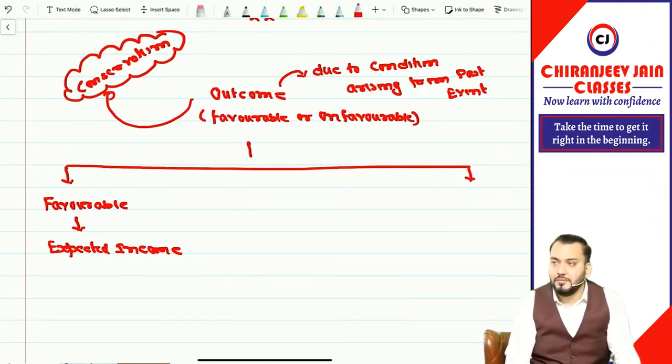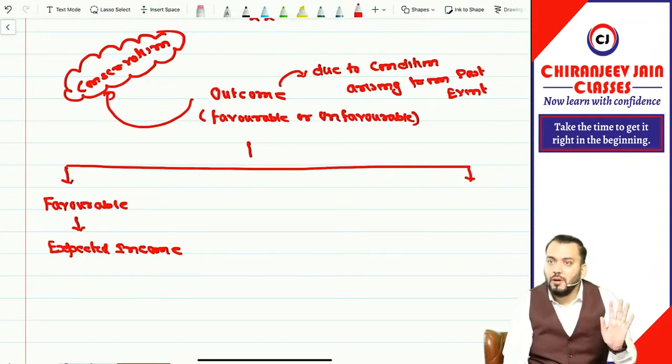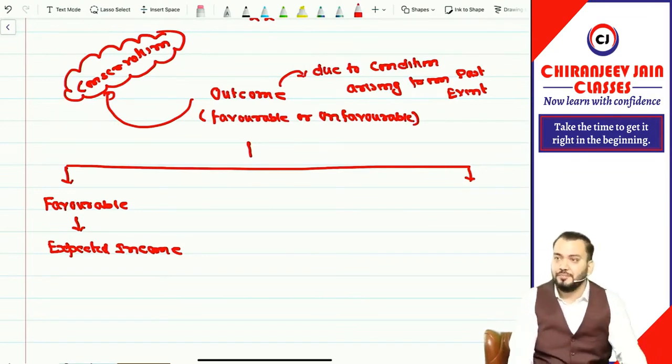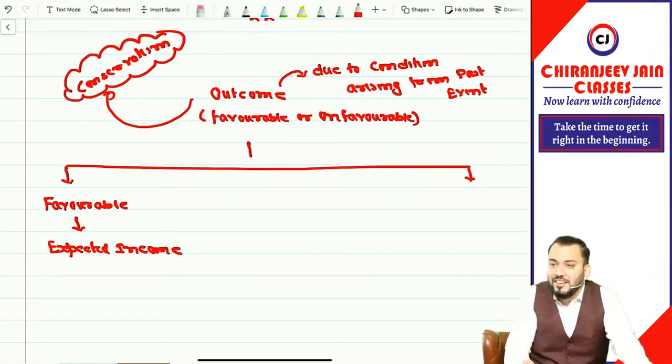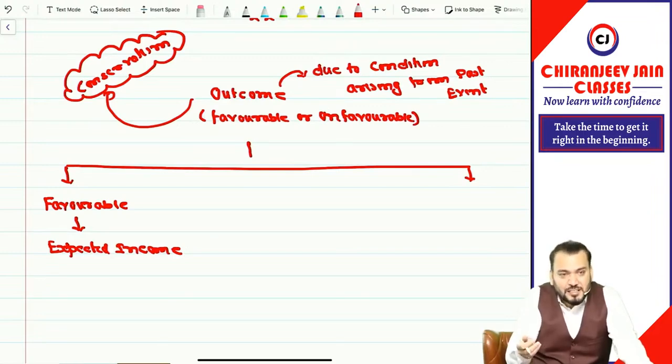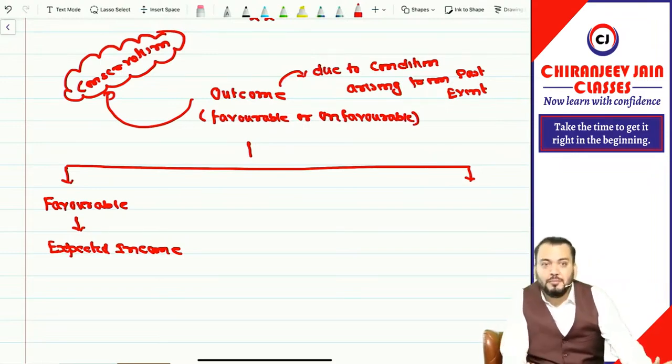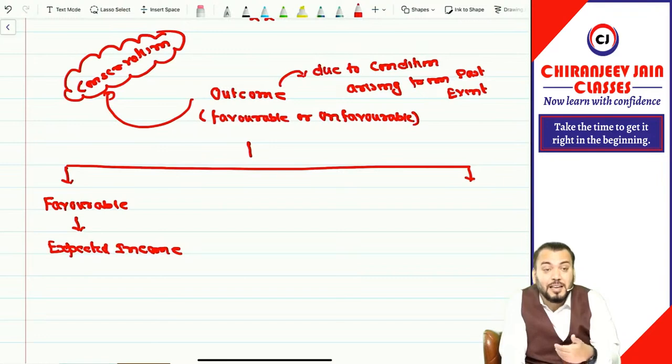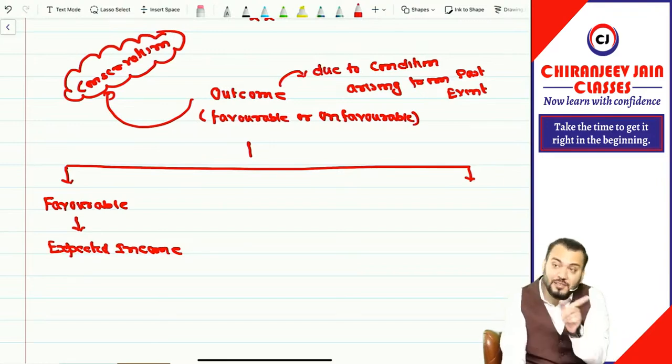We do accounting based on conservatism, prudence. We should be prudent. What is the meaning of conservatism? We should provide for all expected expenses. We should not anticipate any expected income. Means we should not recognize any expected income arising from a past event.